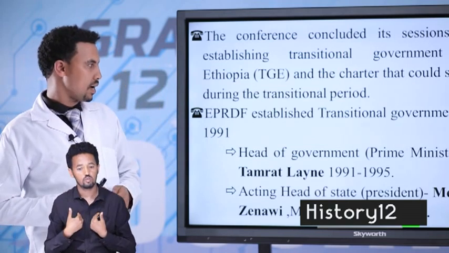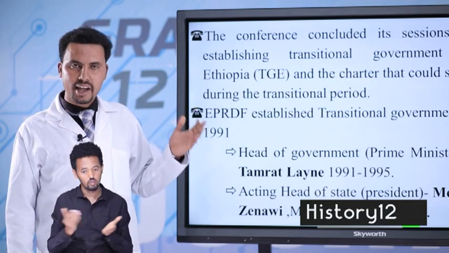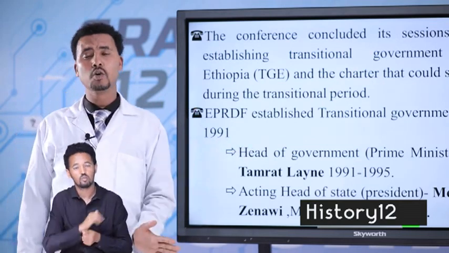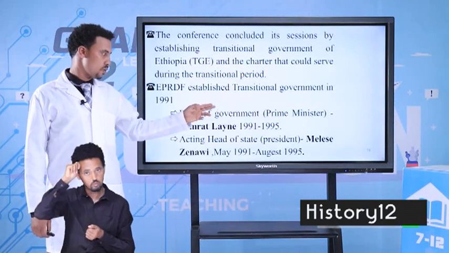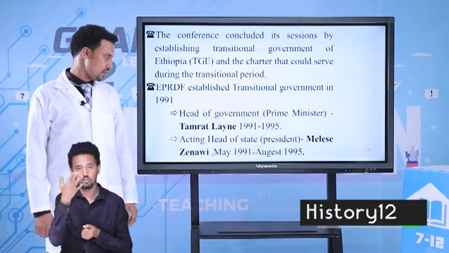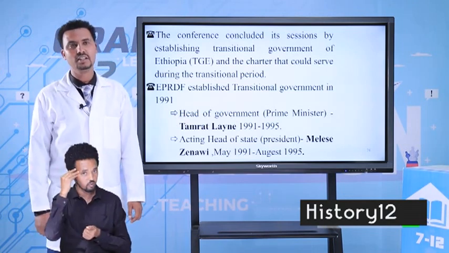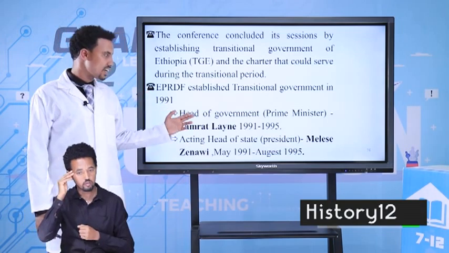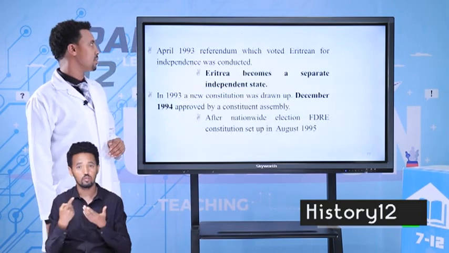The EPRDF established the transitional government in 1991. The head of the transitional government, Prime Minister Tamrat Layene, served from 1991 up to 1995. Meles Zenawi was the president. Tamrat Layene was the prime minister during the time of the transitional government.